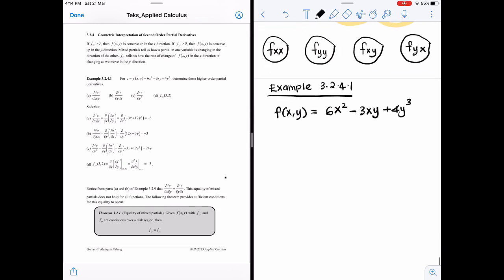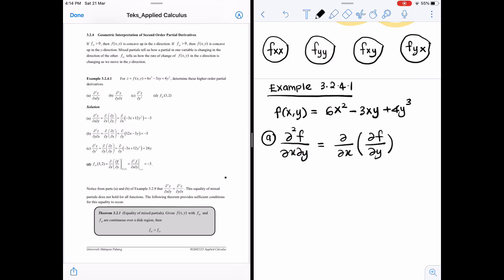For question A, we have been asked to find the value of del square z, or del square f del x del y. This means that we need to differentiate the function with respect to y first, then we will differentiate it again with respect to x.